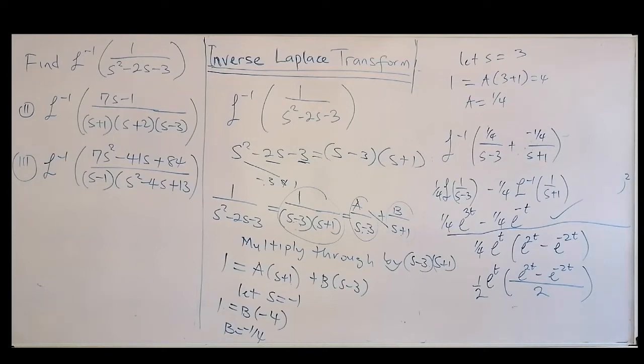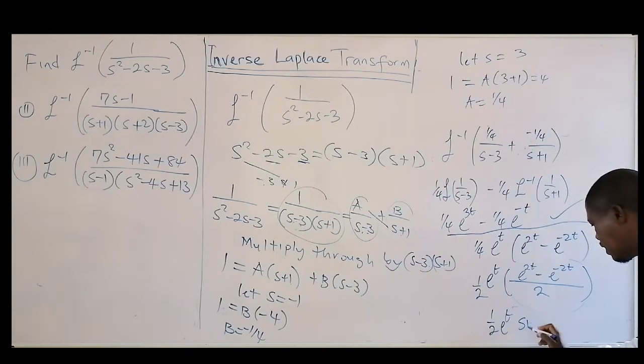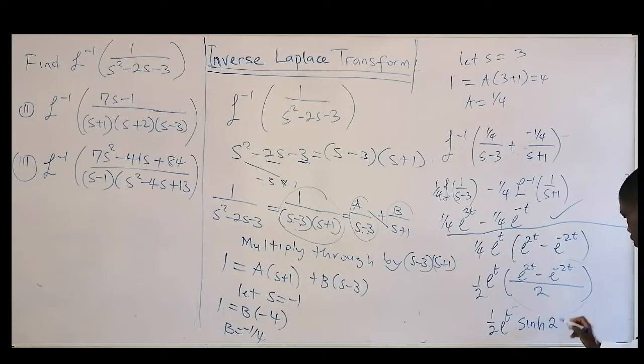And this bracket here will give us hyperbolic functions, so that we have a half e to the t sinh 2t. So that's on that. And we can solve it in another way. If you don't want to solve it this way, you can solve it another way, and I'll show us another way to solve it.